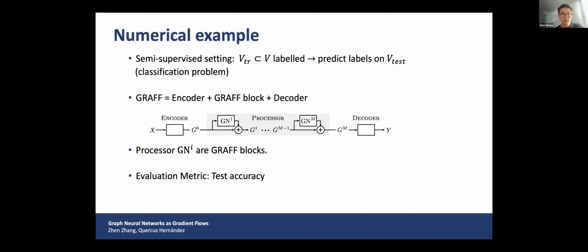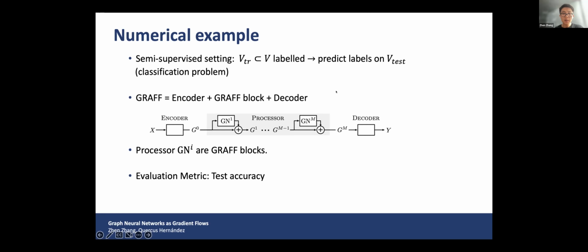And yeah, here comes the numerical example part. I already talked about that they will consider the semi-supervised learning training. And for the exact neural network architecture they use, they not only use the dynamical system that I described before, they also use this kind of encoder-decoder type of architecture, in the sense that they first lift their input X into higher dimensions through an encoder, and then use the graph block, which is the ODE I described, to evolve it in time.